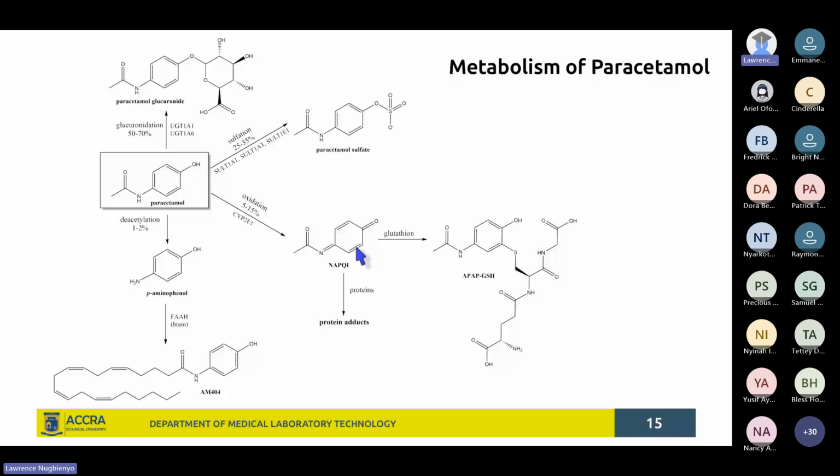In fact, this particular molecule is the toxic metabolite of paracetamol. But if paracetamol is taken within the right dosages, this toxic metabolite which is produced almost immediately gets conjugated to glutathione and then gets excreted out of the body.